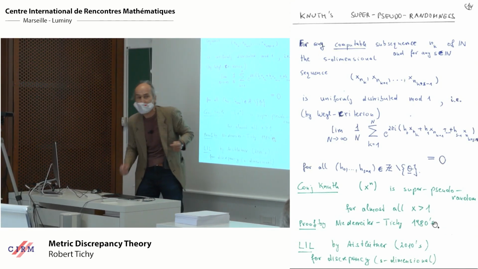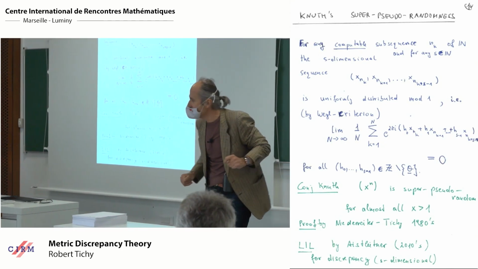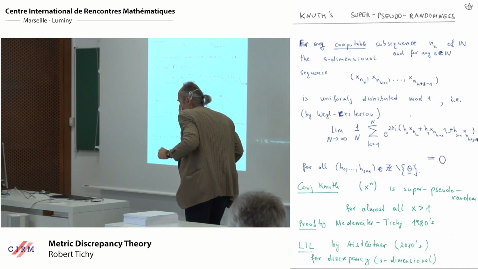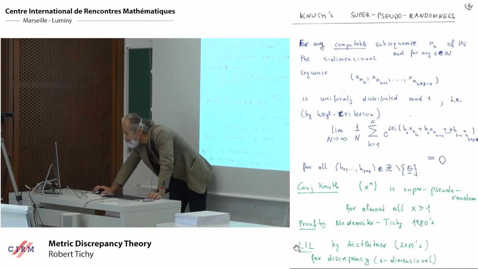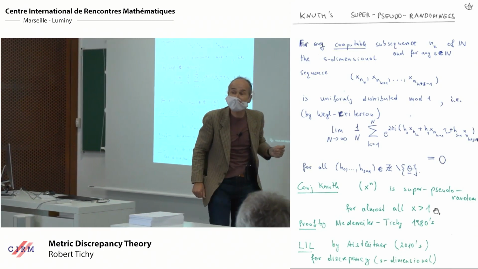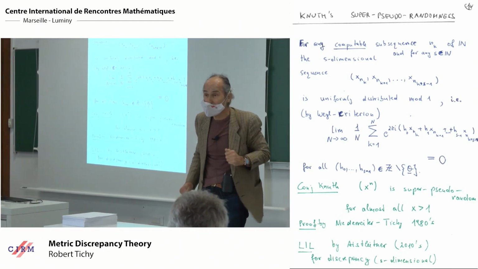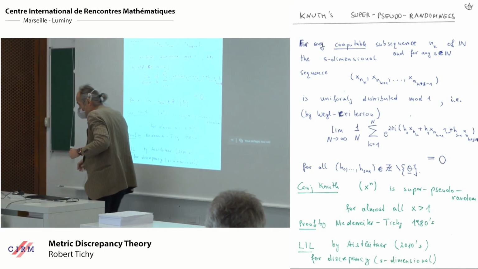Later I gave a quantification of the proof some few years later, and this was the final solution of that problem. Many years later, Christoph Aistleitner got interested in that problem, and he was able to achieve a law of the iterated logarithm in the style I mentioned before for that kind of sequences.